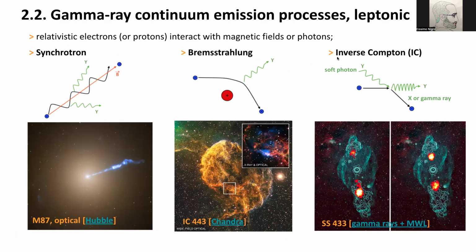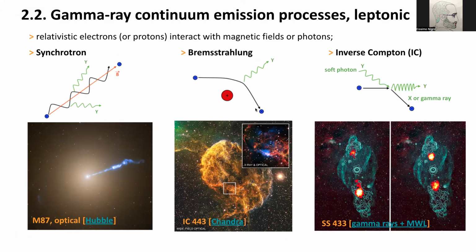Okay, so we can distinguish the radiative processes into leptonic and hadronic. Leptonic are the processes that involve leptons, electrons in most cases. We have synchrotron radiation. We can see here the jet of plasma of M87 through its optical synchrotron radiation. This is the radiation, as you very well know, that you have when a particle is spiraling through a magnetic field.